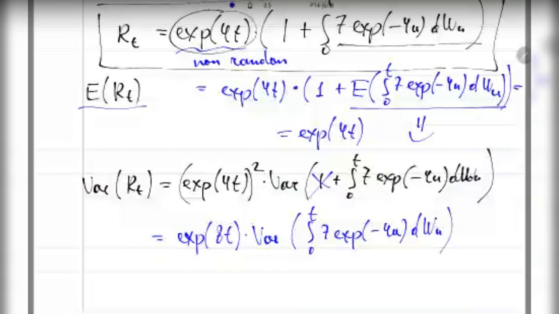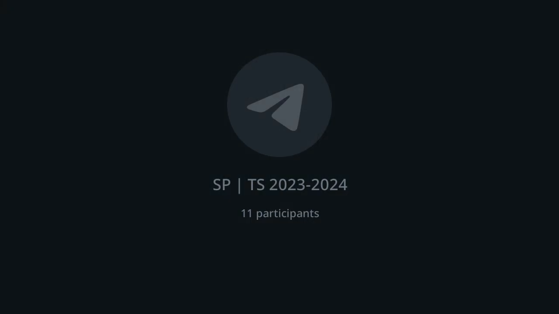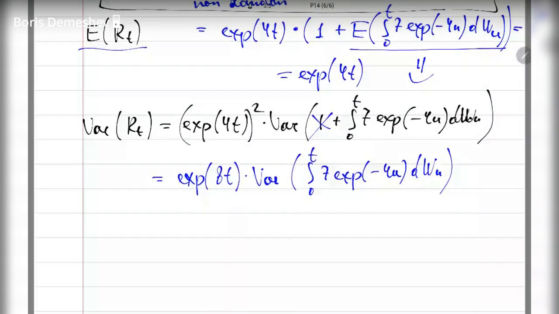And we have Ito's isometry property that says how to calculate the variance of a stochastic integral. Who remembers what was the property?